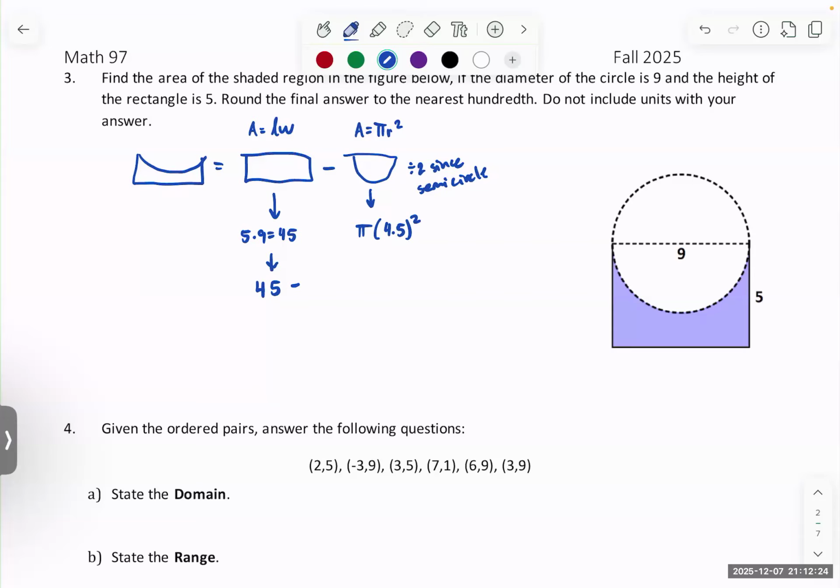Oh, I forgot to divide it by 2. And then divide it by 2. Okay, that's going to be 31.8. So that area, subtract that from 45, round to the nearest hundredth, is going to be 19. That is your answer.